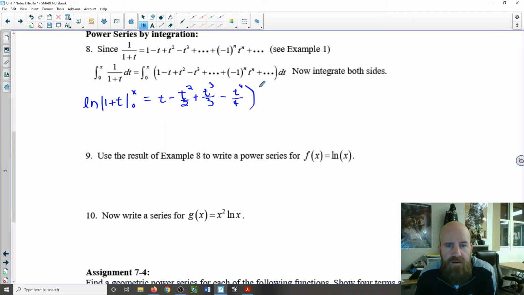And we are taking all of that and evaluating from 0 to x. There's more terms here, we're just going to cut it off.